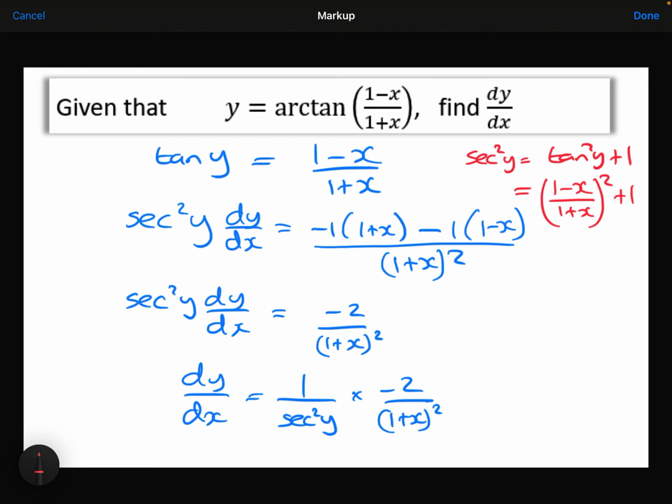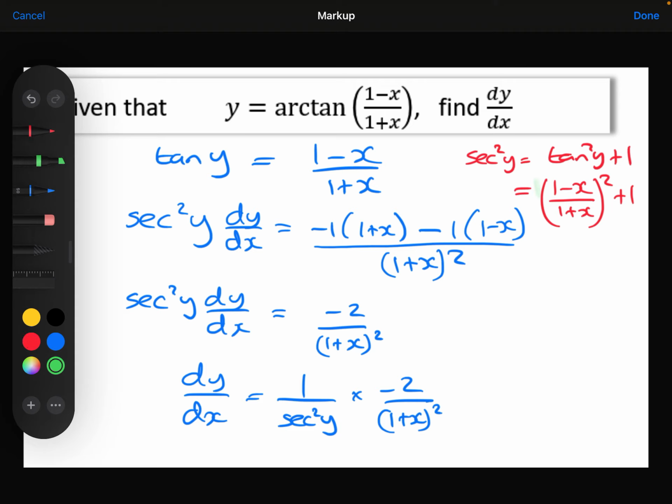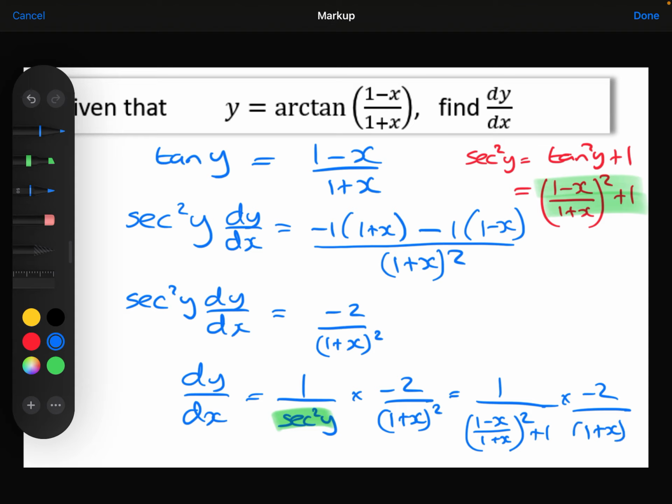So substituting that now instead of my sec squared here, I'll get 1 over 1 minus x over 1 plus x all squared plus 1, times minus 2 over 1 plus x all squared.